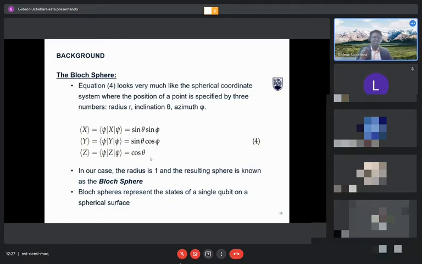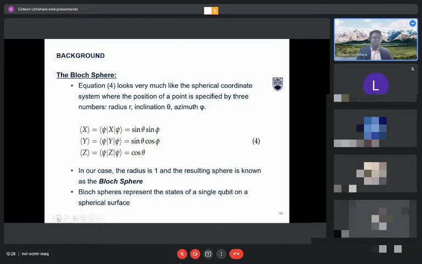For emphasis, we can represent the state of any single qubit on a Bloch sphere using this method. If we know the expectation value of the qubit along the x-axis, the y-axis and the z-axis, we can perfectly tell the location of the qubit on the Bloch sphere.